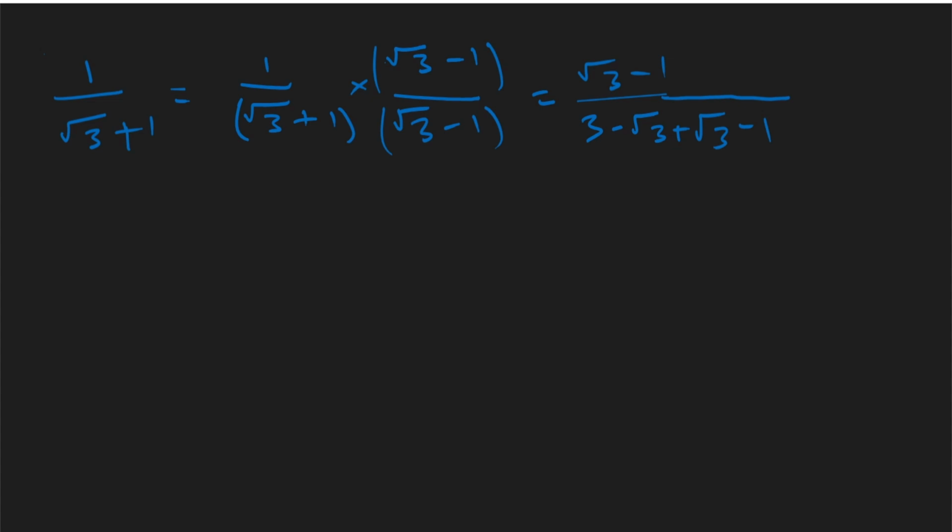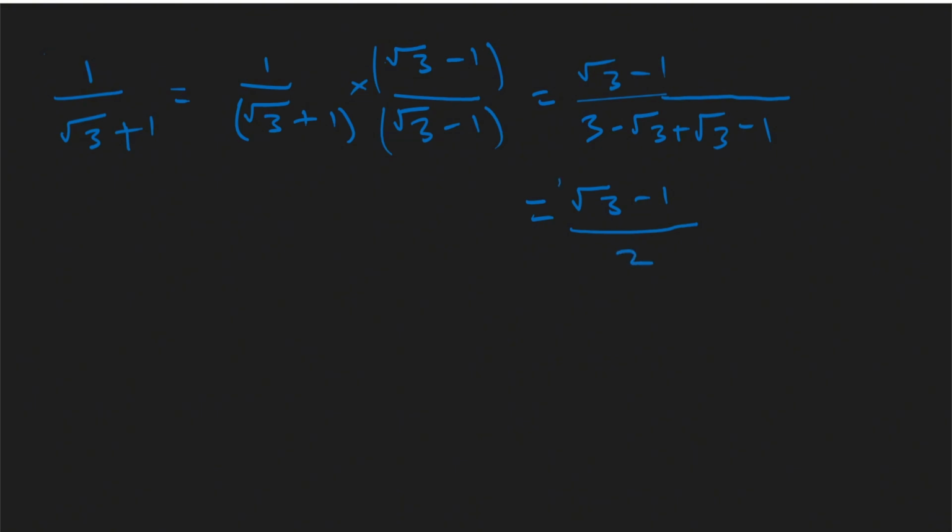This is the same as root 3 minus 1 over, minus root 3 plus root 3 is 0. 3 minus 1 is 2 over 2.